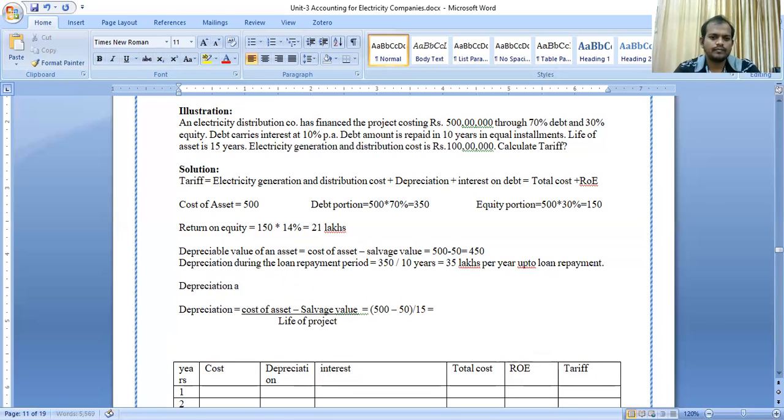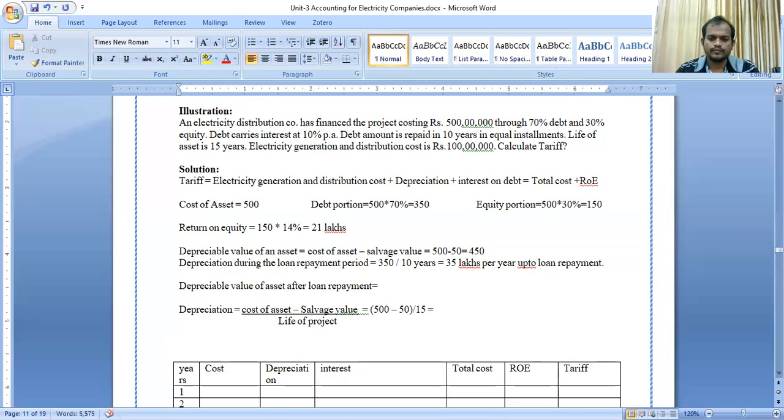Depreciation after loan repayment. Okay, let us make it clear. Depreciable value of asset after loan repayment.